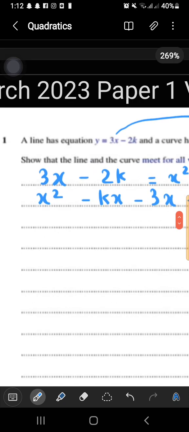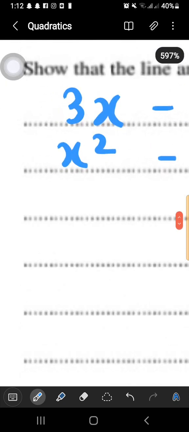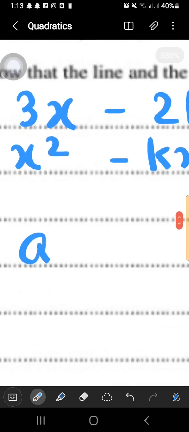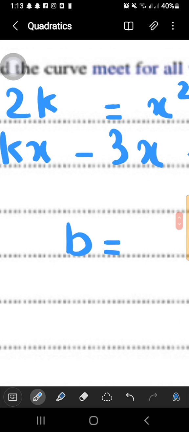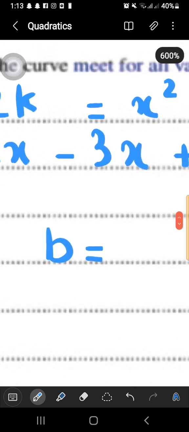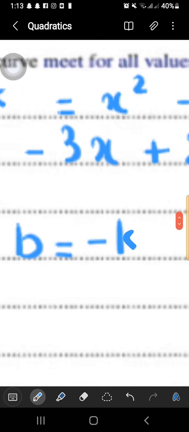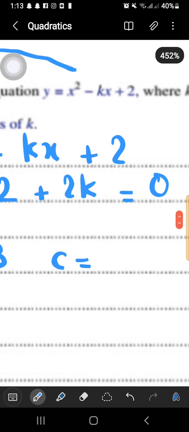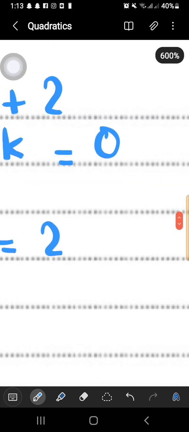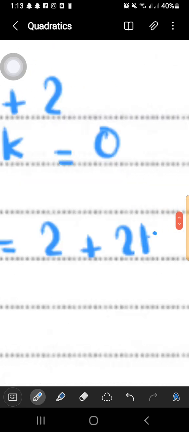Now here we can use a discriminant to show this. a is 1 here, b is the value with the variable x, negative k and negative 3, and c is the value without the variable, meaning 2 plus 2k.